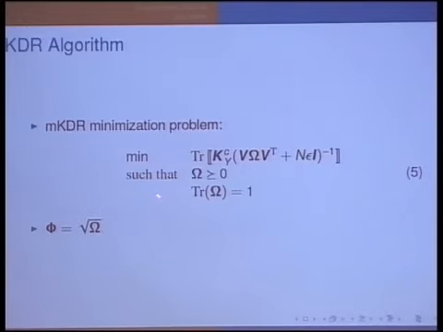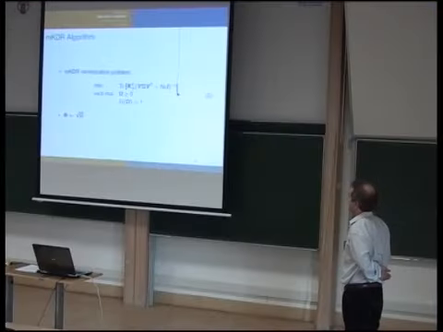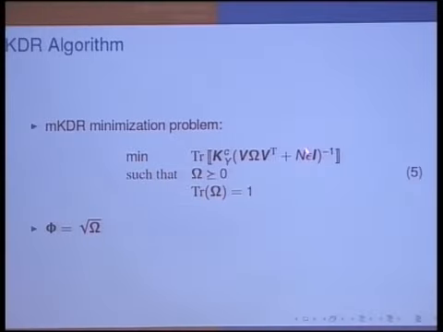So again, we minimize this trace, and now we need to eventually back out the actual coordinates, so we need a square root of this thing. So we need this thing to be positive semi-definite. And moreover, there's a scaling degree of freedom here. If you let omega go off to infinity, this goes to 0. So let's get rid of that scaling degree of freedom by making the trace equal to 1. Okay, so that's our optimization problem now.